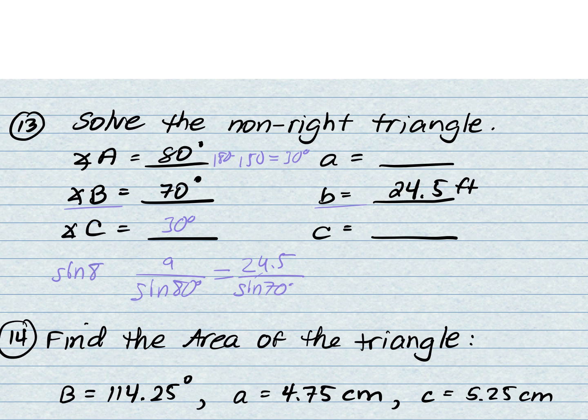And then I can multiply both sides by sine of 80 to get A by itself. And then you're plugging that in your calculator. And you should get to the nearest tenth 25.7 feet.